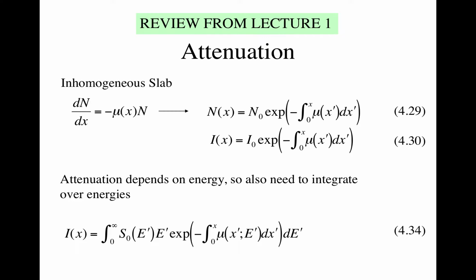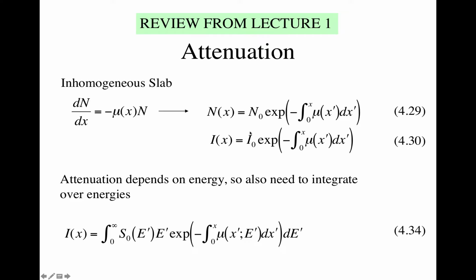If I draw a line through any beam through a person, I'm going to get different mu values as I go through: bone, muscle, blood, contrast agent, etc. So in order to get my final intensity of the beam, if I hit the patient with an intensity I naught, and I look through that beam length through the patient, what I have to do is integrate the mu values along that path, right?